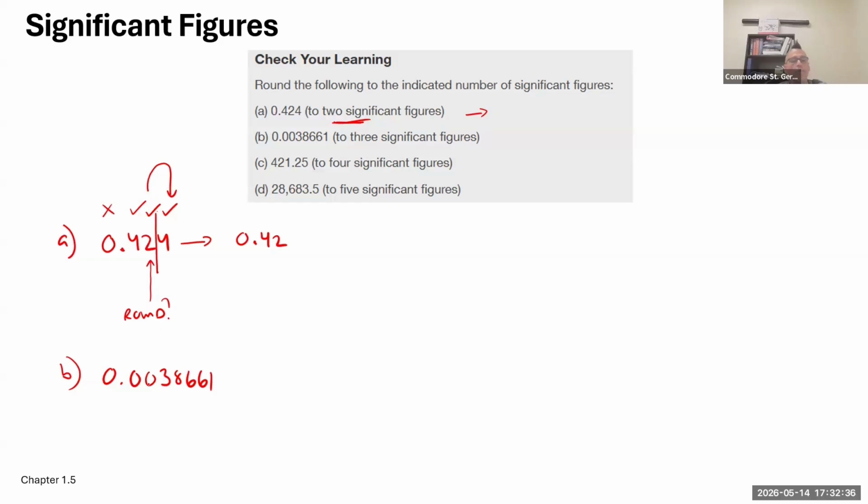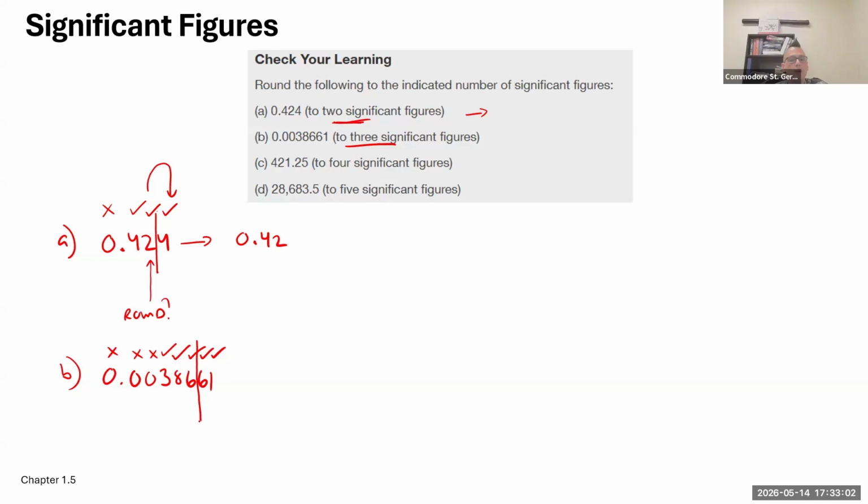0.00386661. I'm going to put X's by the numbers that are not significant. Not significant, not significant, not significant. Yes, yes, yes, yes, yes. So we need 3 significant figures. So I'm going to say 1, 2, 3. We're going to put a line down here.